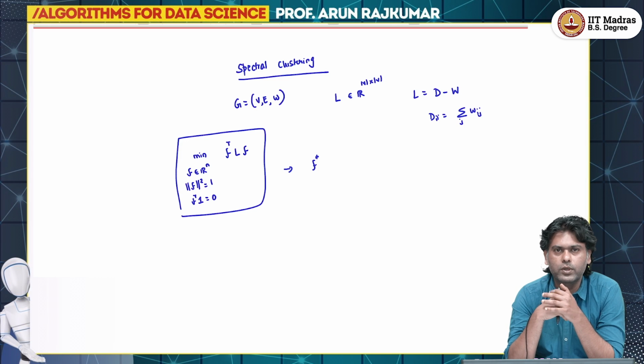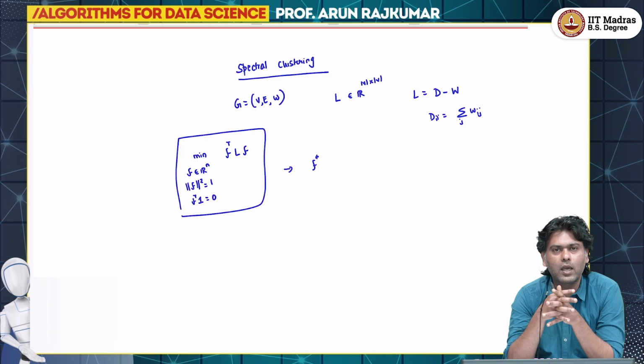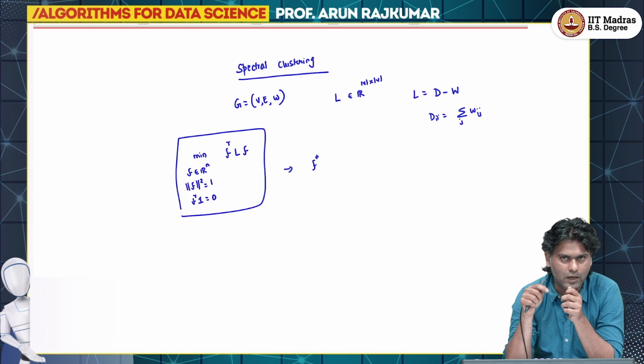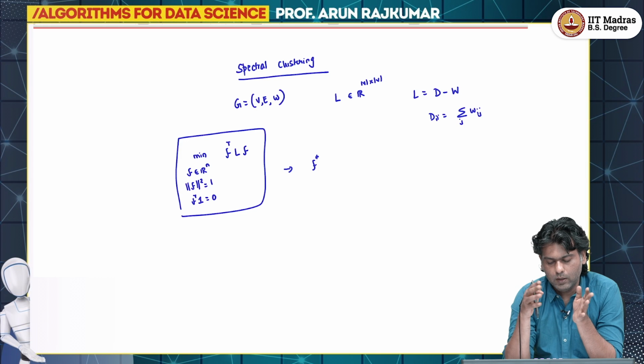And once you have mapped it to the real line, the question is where do you put the threshold essentially, and something like a k-means can be run to get that threshold also. So that is how one might want to divide my data set into two clusters.